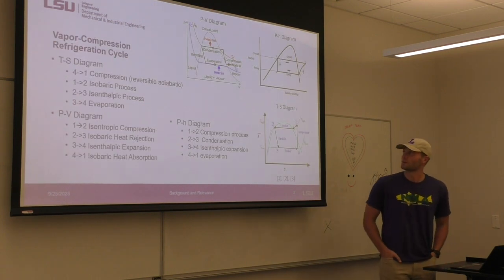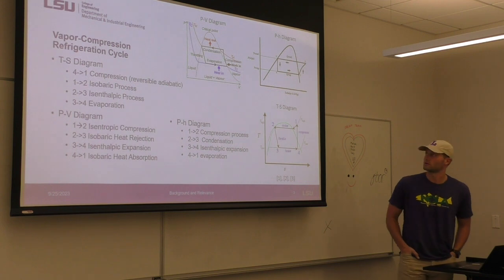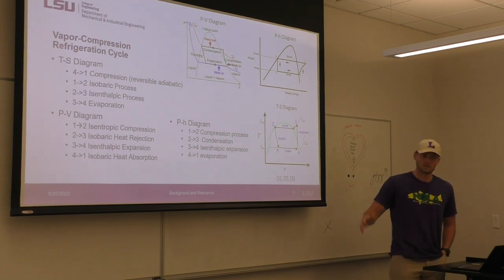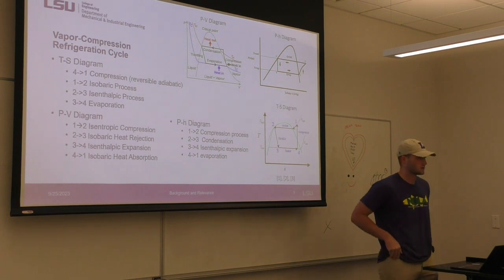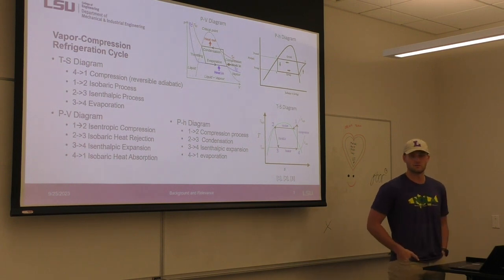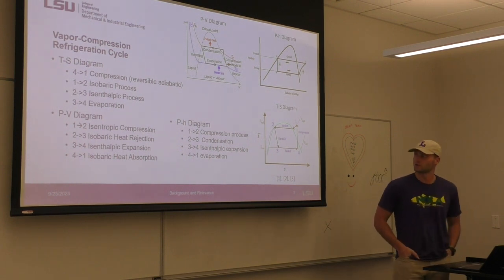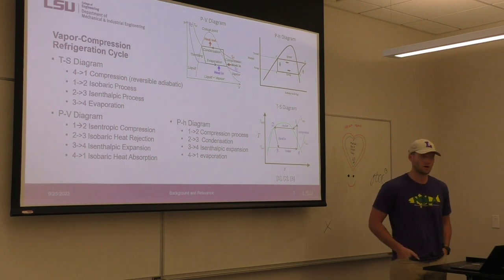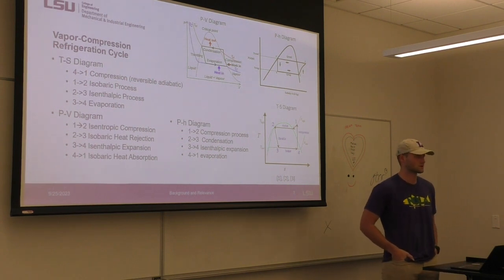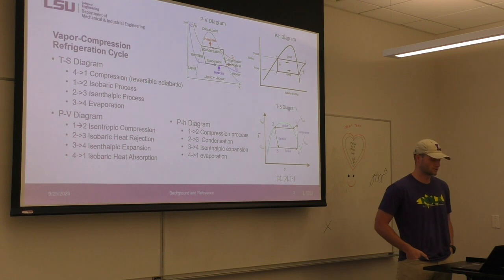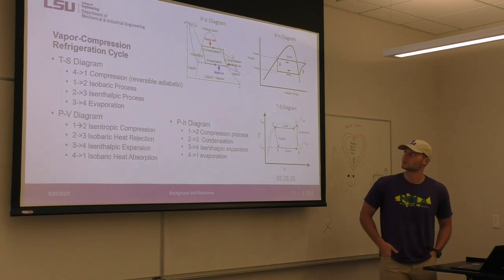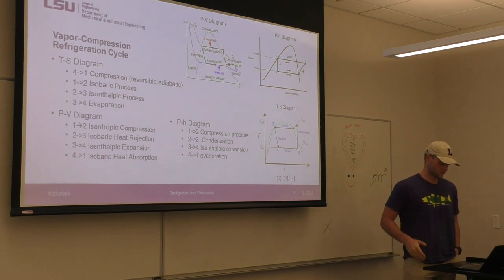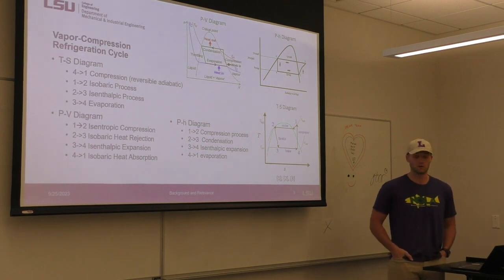Here are a lot of different ways you can describe a refrigeration cycle. I won't get into all of them, but the best labeled one is the PV at the top. As you can see, the different stages of the refrigeration cycle: you have your evaporation phase on the bottom, which is an isobaric process, which means pressure stays the same, and your heat will be introduced into the system there. Then you have the compressor, which will increase the pressure of the fluid that you're working with.